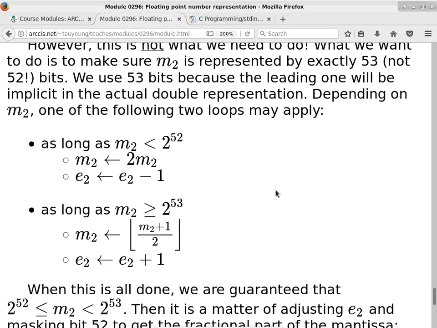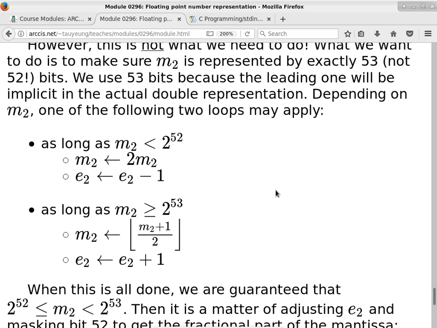What if we have too many bits to begin with? What if the current M2 requires more than 53 bits to represent it? Then we downsize it until it can fit within 53 bits. These two loops, you don't need an if and an else to perform them, because there are 3 ways for your current condition to go. It's either this, where you go through this, but when this loop exits, it should not get into the second loop.